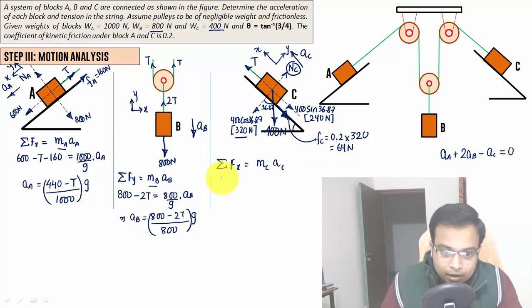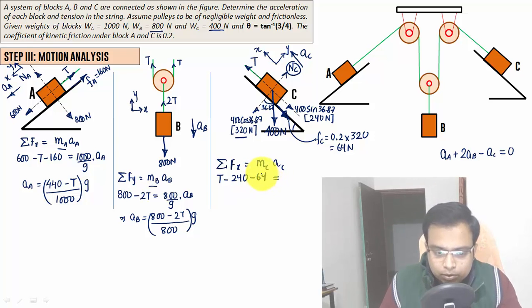So let's write this: T minus 240 minus 64 is equal to what? Mass. How much is the mass? We don't know what the mass is. We know what the weight is, 400. So weight is 400, and that divided by g will give you the mass, multiplied by acceleration AC, and you just need to solve this.